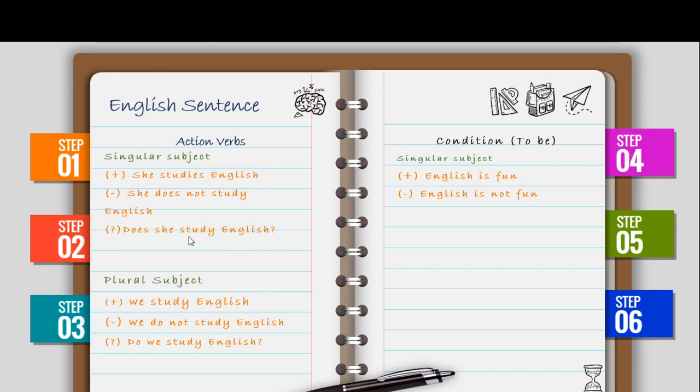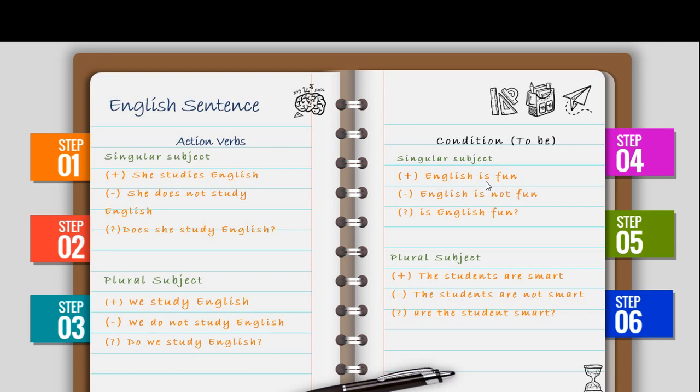You will find an action in the sentence. Study is one example. And the second type is condition, or you can call it a nominal sentence, because the sentence contains to be or an auxiliary verb, not an action like this. For example, English is fun.